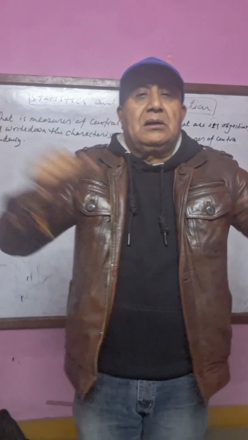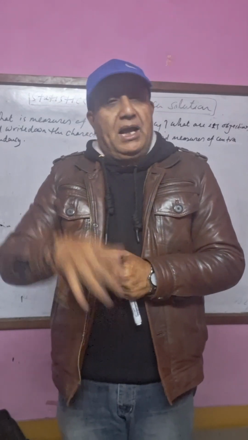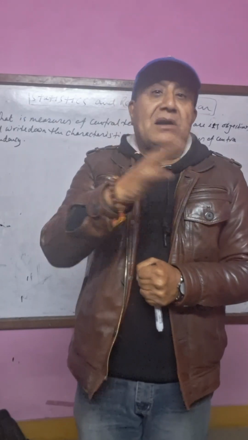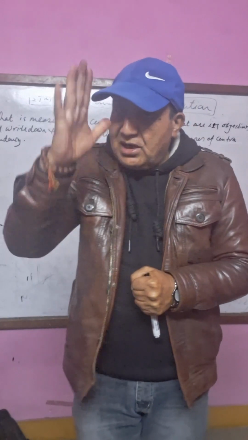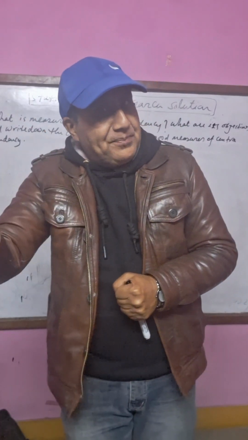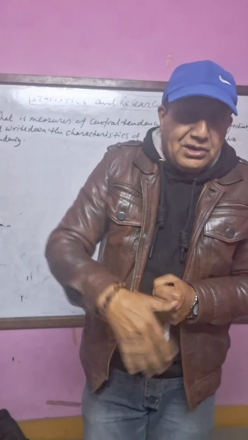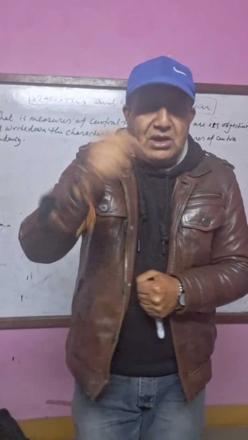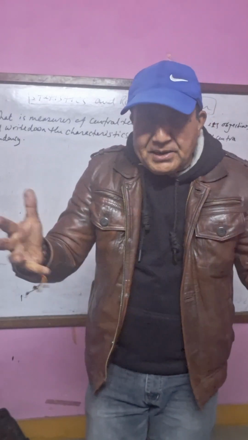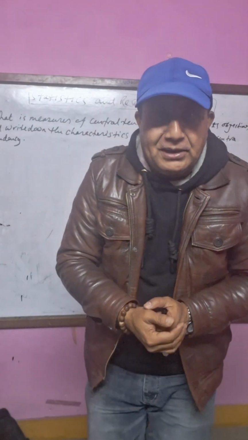There are 7 characteristics. An average which has these 7 characteristics, we consider a good measure. But no average has all of those characteristics. Some have some characteristics, some do not. That means in different conditions, different averages are appropriate.